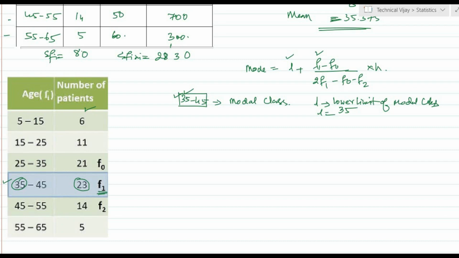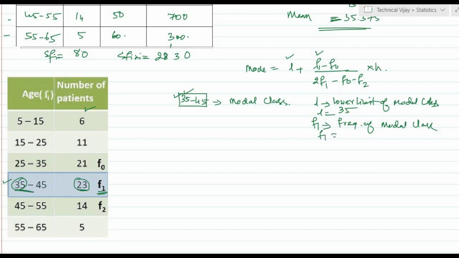And F1 is the frequency of the modal class. Here the modal class is this one, and the frequency 23 is F1.